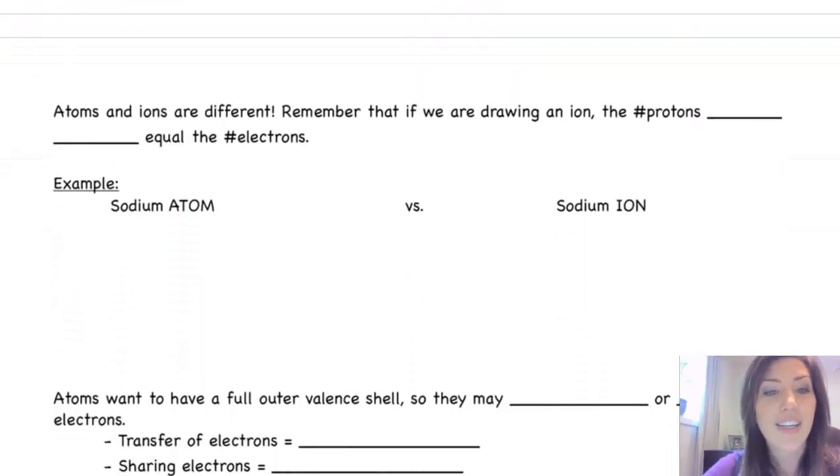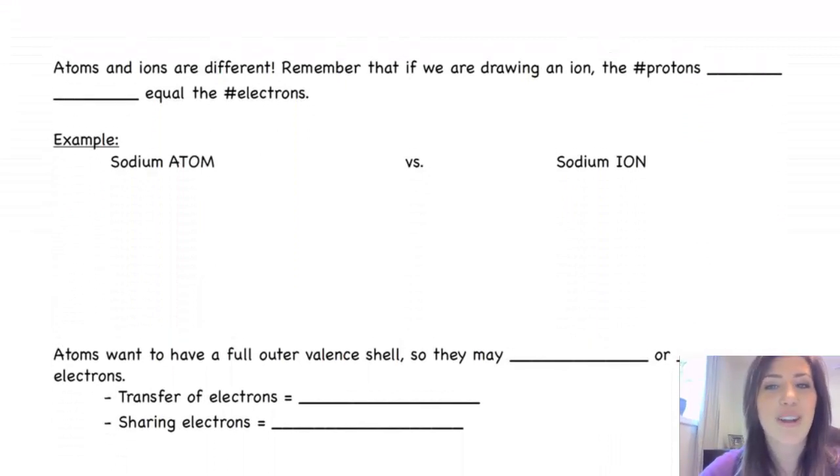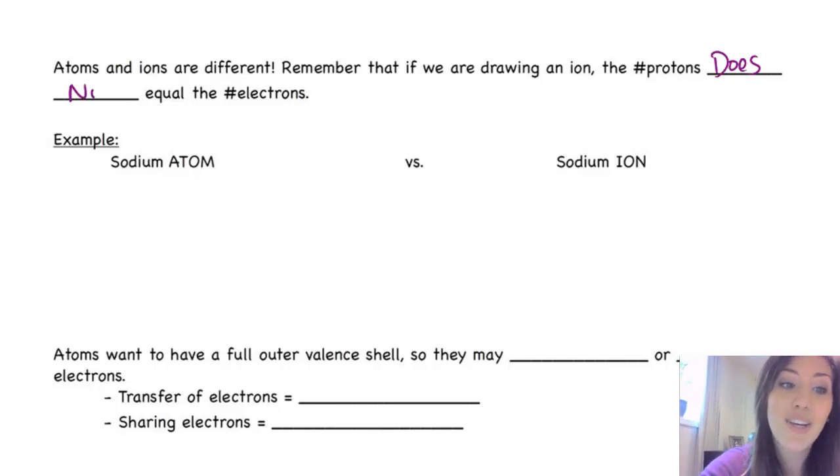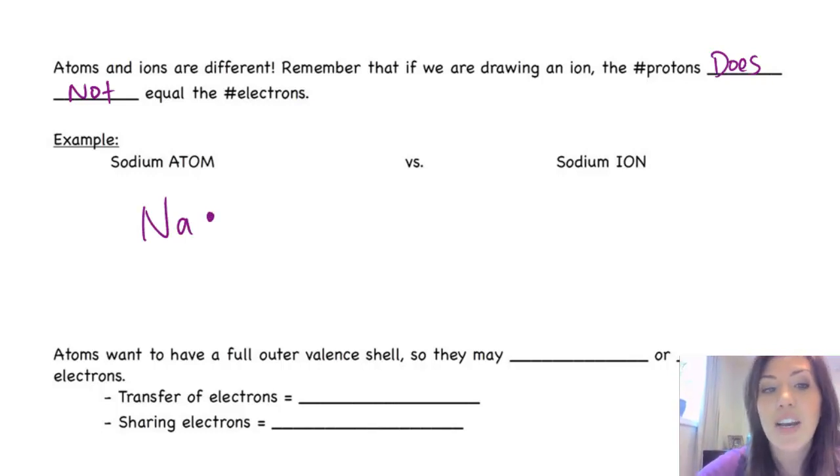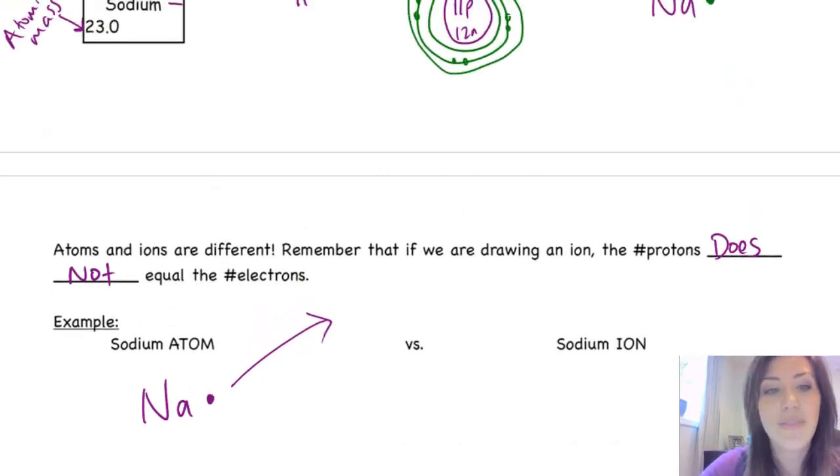Atoms and ions are different. Remember that if we're drawing an ion, the number of protons does not equal the number of electrons. So our sodium atom as a Lewis dot diagram versus sodium ion, we've just gotten rid of that electron. How do we know?